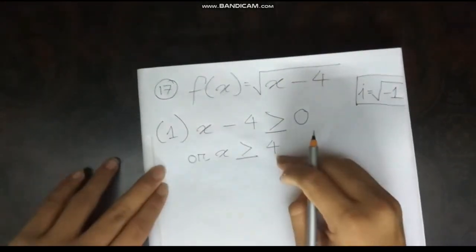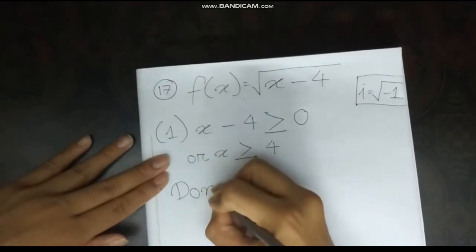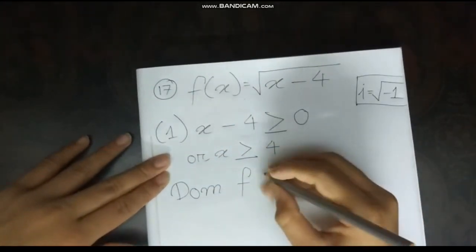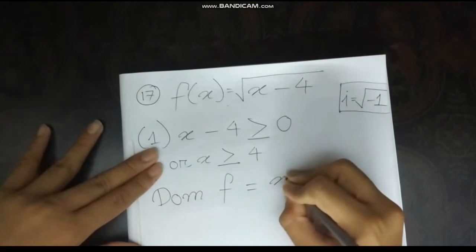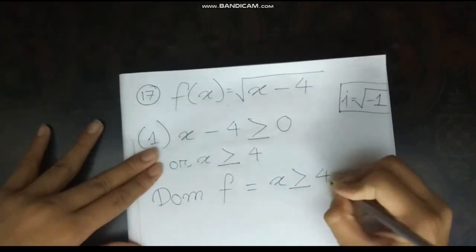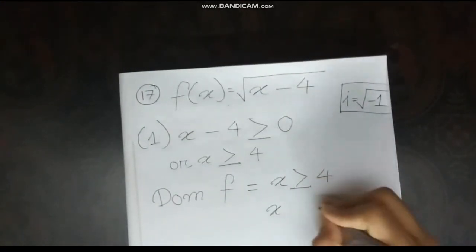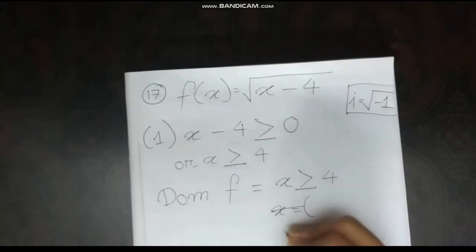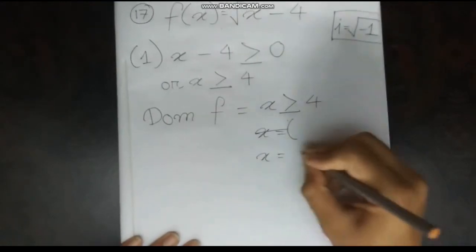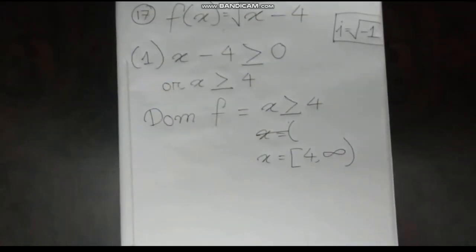Therefore, we write it this way: dom f equals x greater than or equal to 4, or you can say that x must be in the interval from 4 to infinity, in square bracket. This is the answer of number 1.